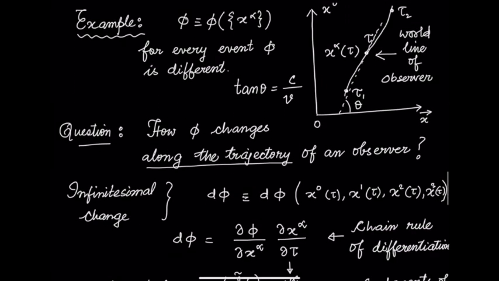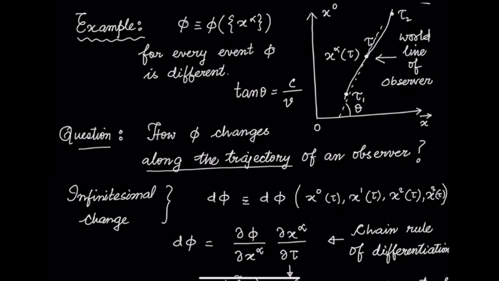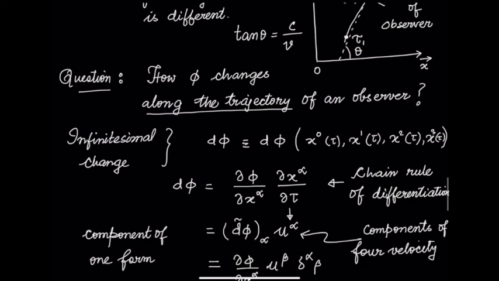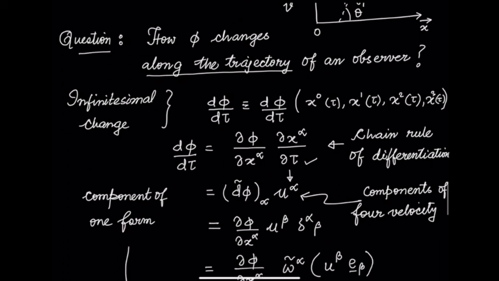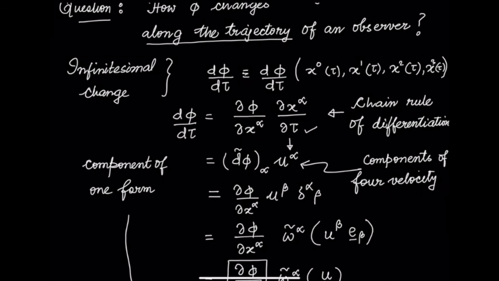Then we asked the question: how does such a scalar change along a line? The change of a scalar along a line is also obviously a scalar. I wanted to find this; the reason is in the next line, where I have used the time derivative on the right hand side but forgot to write it on the left hand side. But how phi changes as a function of tau, this left hand side is a scalar divided by a scalar, so this is also a scalar.